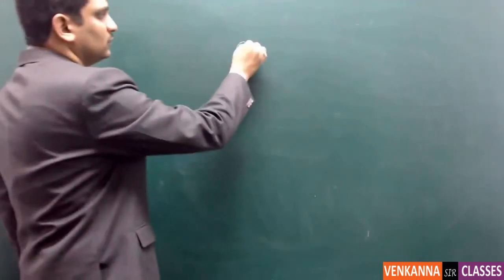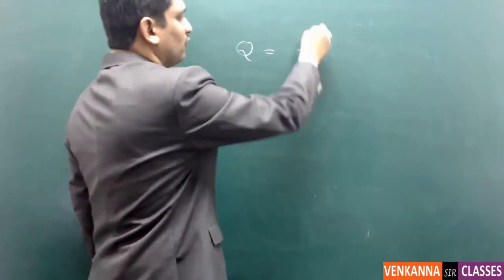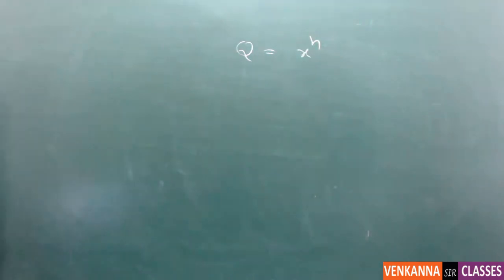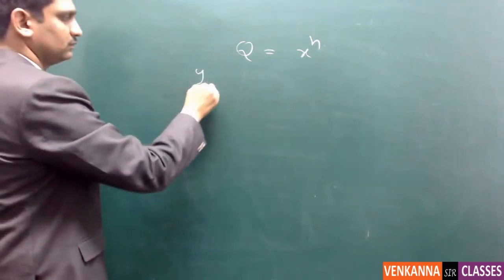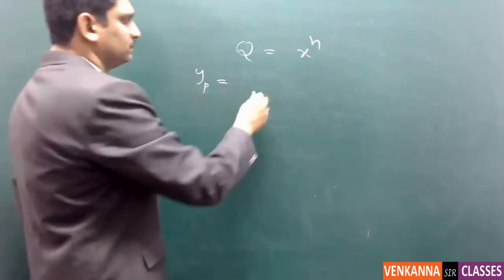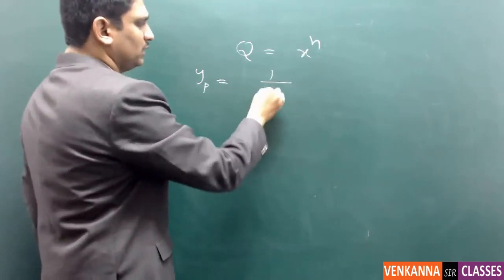Suppose in the right hand side, if Q is of the form x power k or x power n. Now, what is the procedure to evaluate the particular solution Yp? So for this, Yp is given by, let us take a small example.